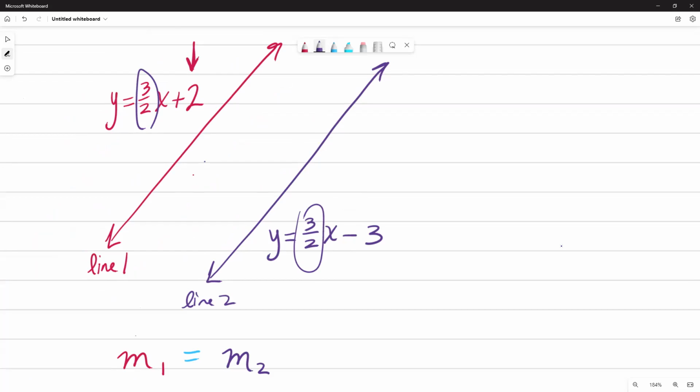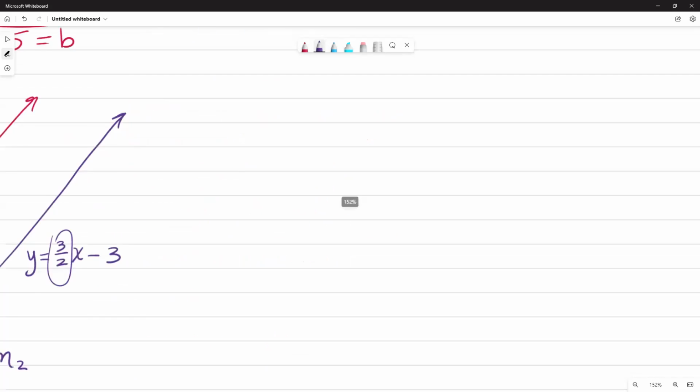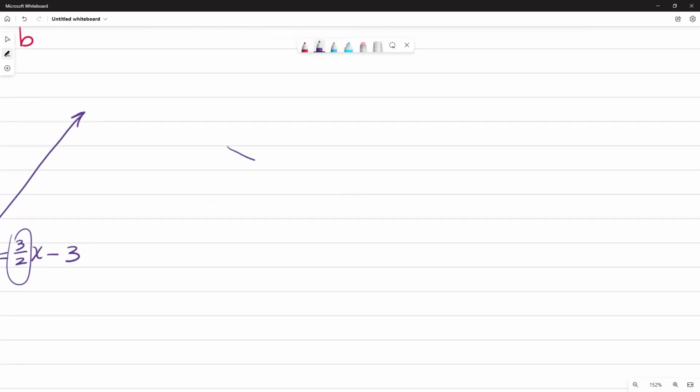Okay, perpendicular lines. That's right, perpendicular lines make perfect right angles. So we'll know that this is perpendicular.